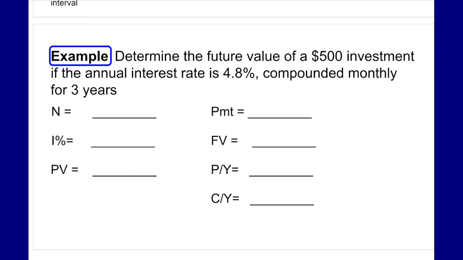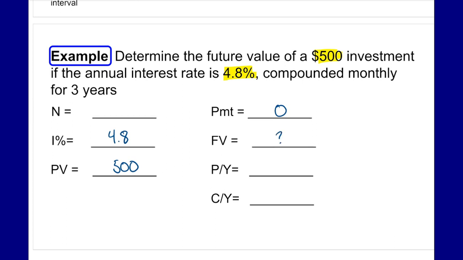Some key information that's easy: the 4.8%, that's our I value, so 4.8. We don't need to convert it to a decimal or anything. Our present value, our PV, is $500, that's how much we're starting with. PMT is 0, we don't have any payments. Future value, we don't know.